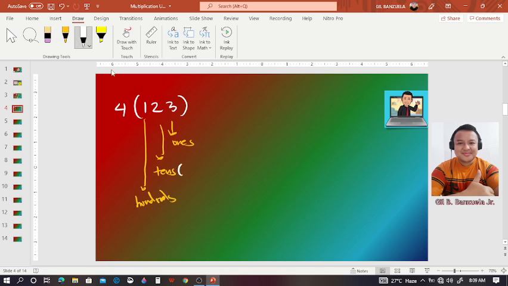Paalala lang guys, sa tens, meron tayong isang zerong idadagdag. Sa hundreds, meron tayong dalawang zerong idadagdag. Kaya nga hundreds eh, no? So, every time we multiply, we need to put 2 zeros on a hundreds, 1 zero on a tens. Sa ones, wala tayong zero kasi ones nga yan. Okay? Again, let's start.